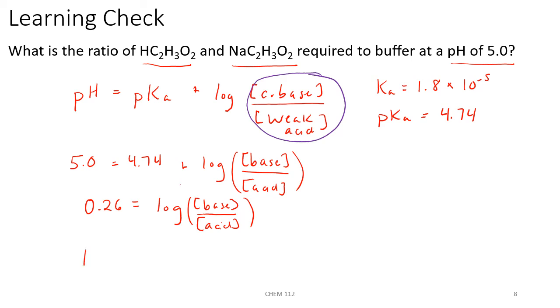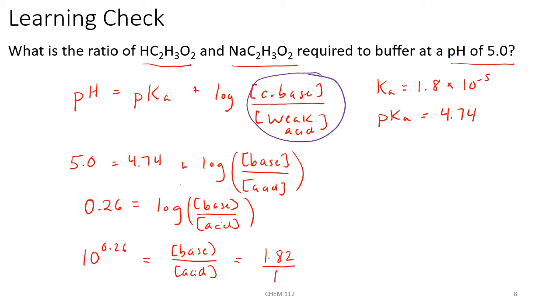So we'll get 10 to the 0.26, which gets rid of the log term on the right, and that will be equal to the concentration of our base over our acid. So 10 to the 0.26 power gives us 1.82. That doesn't look like it's written as a ratio, but we can assume that number is over 1. We can take any number and write it over 1.